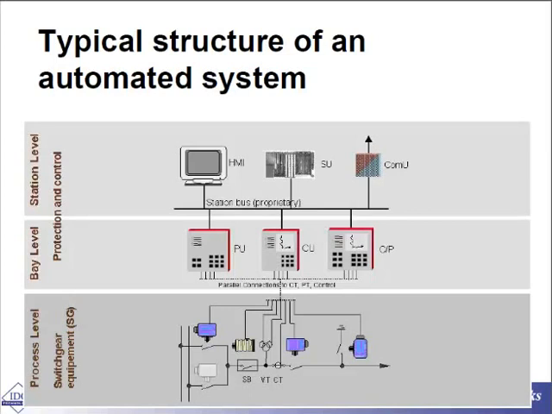This is the concept for 61850 as well. That is the modern automation system. In the context of 61850, those environments are called bay, level, functions.